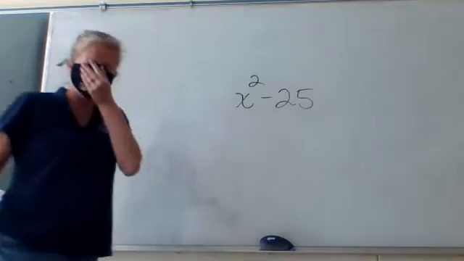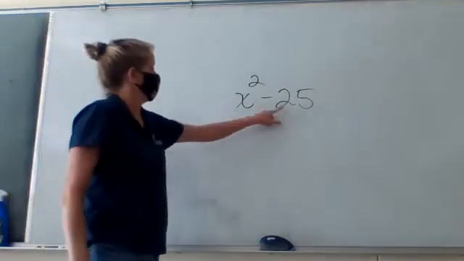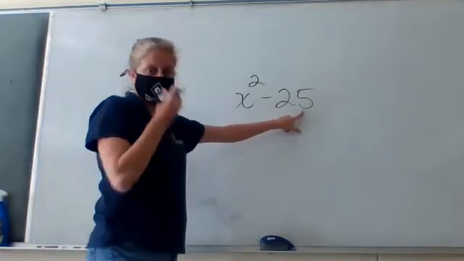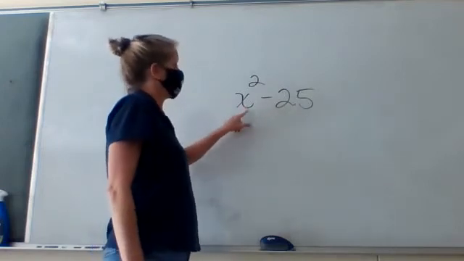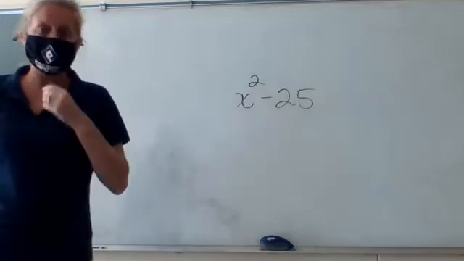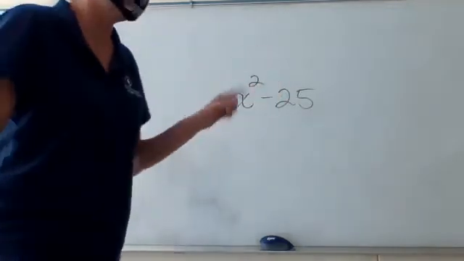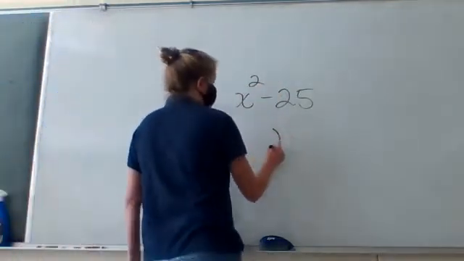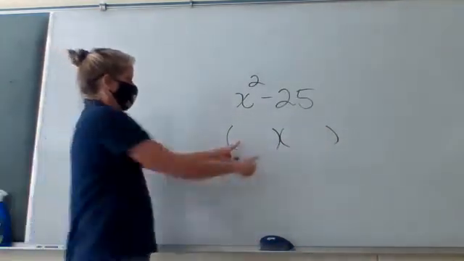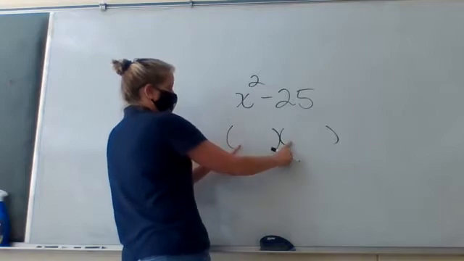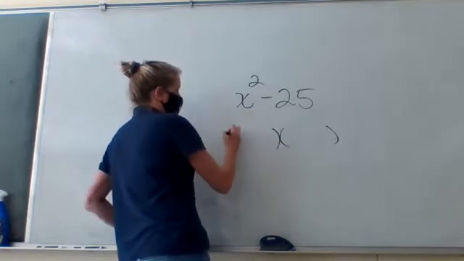So if you have two perfect square terms, 25 is a perfect square, right? Since the square root of it is 5, it's a perfect square. X squared is a perfect term, since the square root of that is x. You can factor this. If I put this in its factored form or unfoiled it, these two terms have to be the same, and they have to multiply to x squared.